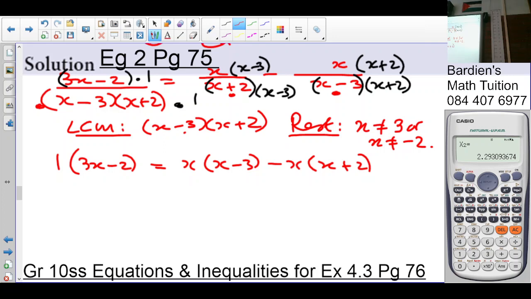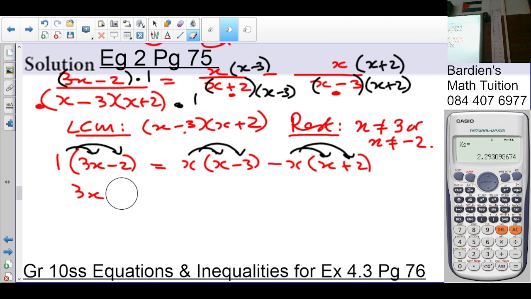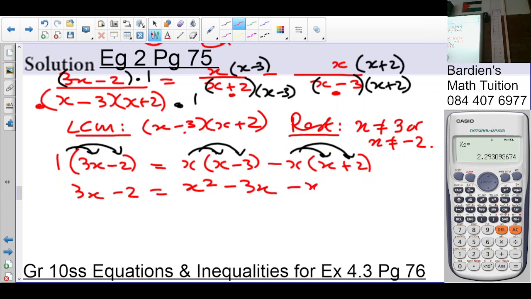Okay, so let's go. We get rid of the brackets here. Alright, so what do we get now? 1 times 3x is 3x, minus 2, equals x squared minus 3x minus x squared minus 2x. So as you can see, it would be a quadratic equation, but first we add like terms. We haven't done quadratic equations.